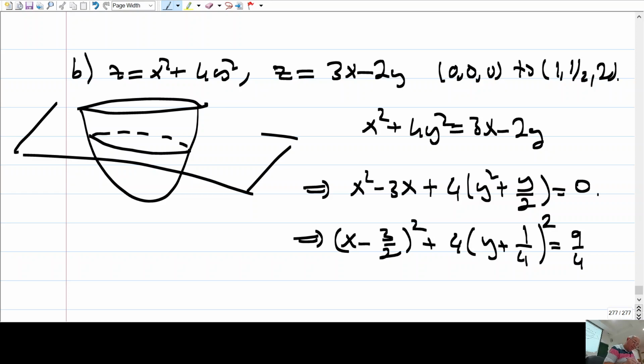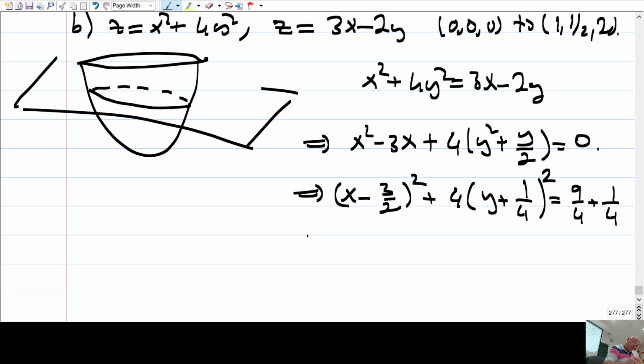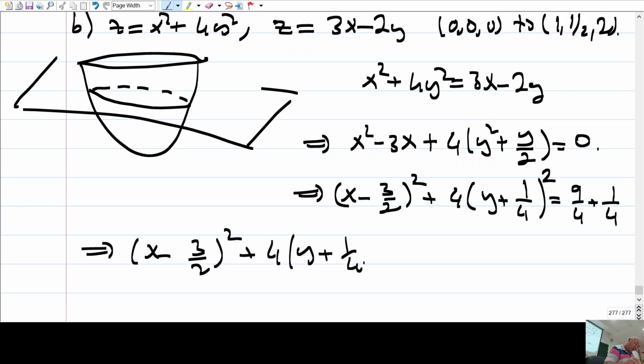O zaman bunu eklemem lazım. Çünkü bunu karesini açtığımda 9 bölü 4 geliyor. Burada da bunu açtığımda 1 bölü 16 gelecek. 4 ile çarptınız. 1 bölü 4. O zaman buraya da 1 bölü 4 ekleyeceğim. Yani ne elde ettik? X eksi 3 bölü 2'nin karesi artı 4 tane y artı 1 bölü 4'ün karesi eşittir 10 bölü 4.